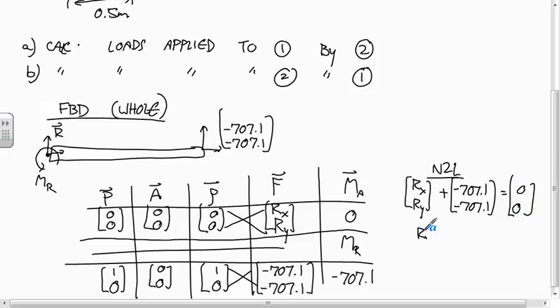And the rotational equation says MR minus 707 is equal to 0. So solve that for the unknowns, and that force vector on the left is equal to positive 707, positive 707, and the couple at the left is positive 707, and that's Newton meters.